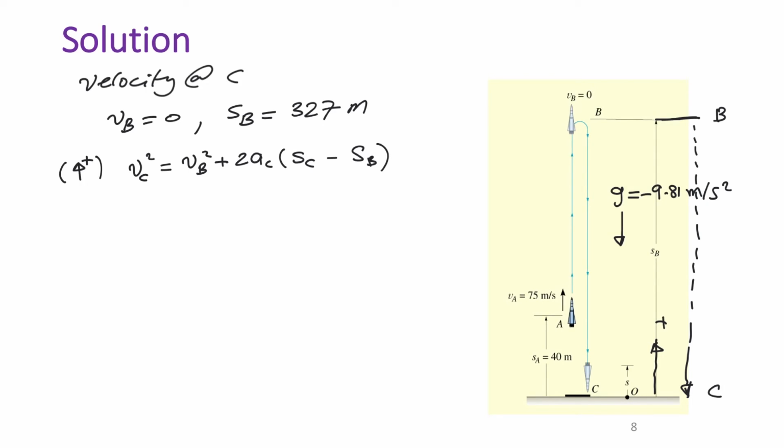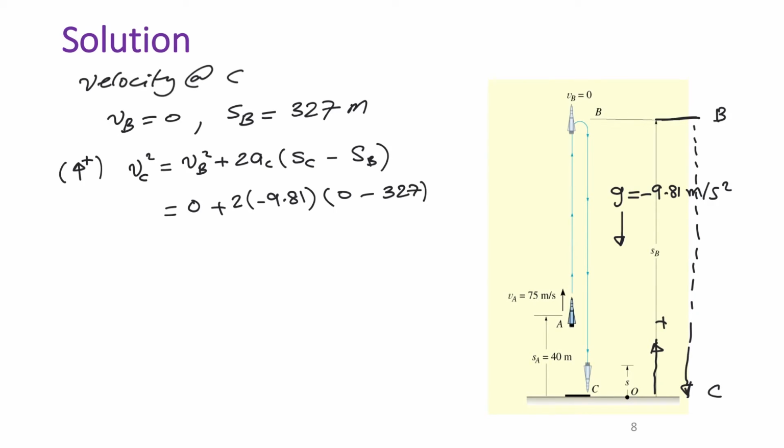Now if we substitute, we know that VB is equal to 0, plus 2 multiplied by minus 9.81 multiplied by SC, which is going to be 0, while SB is going to be 327.